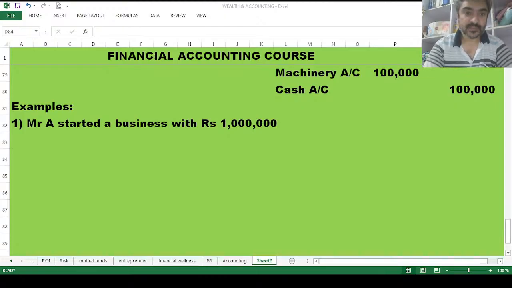Number one is cash is increased in the business by rupees 100,000, and you know that cash is an asset. Number two is capital or owner's equity is also increased by rupees 100,000.